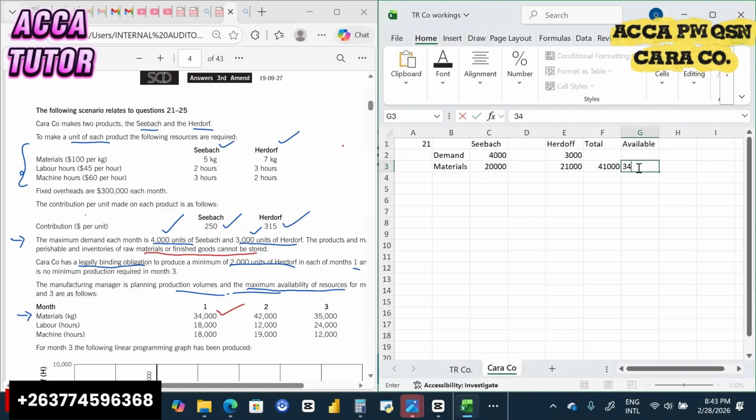Did you see that? Yes. Under month 1. And the question is asking us for month 1, isn't it? So, do we have a limiting factor here?